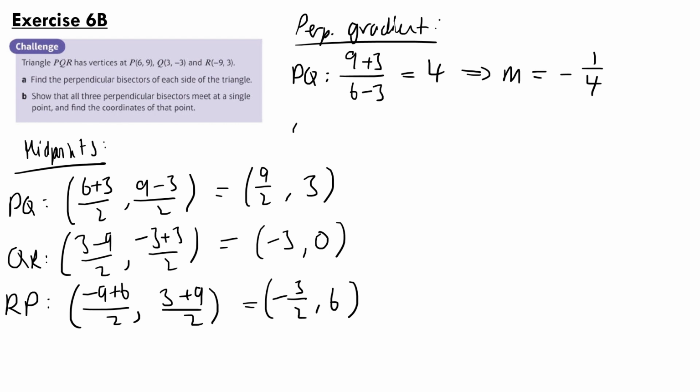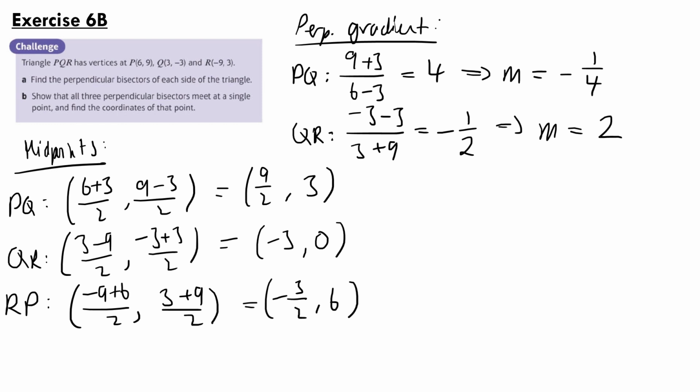Doing the same for QR, we have minus 3 over 3 plus 9, which gives us minus a half, so our perpendicular gradient is 2. And finally RP, we have 3 minus 9 over minus 9 minus 6, which is minus 6 over minus 15, so we get 2/5. So our perpendicular gradient is minus 5 over 2.